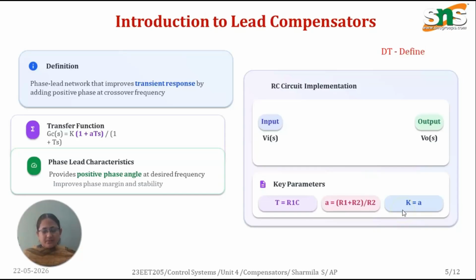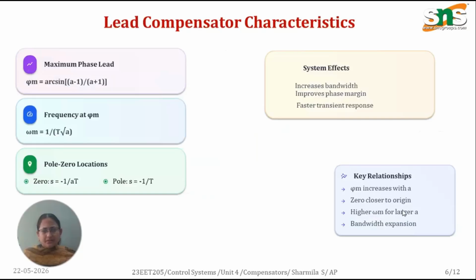Characteristics of the lead compensator. The lead compensator has several important characteristics. The maximum phase lead is phi m = arcsin((a - 1)/(a + 1)), and this phase lead increases as the value of a increases. The frequency of maximum lead is omega m = 1/(T root a).